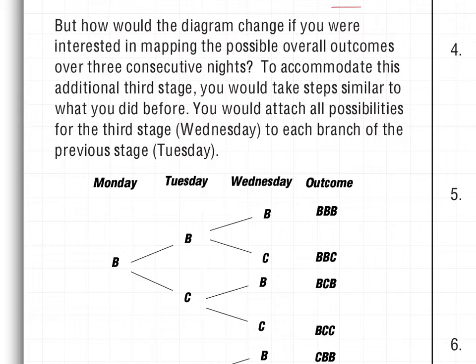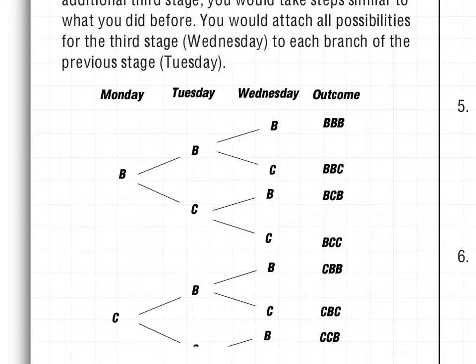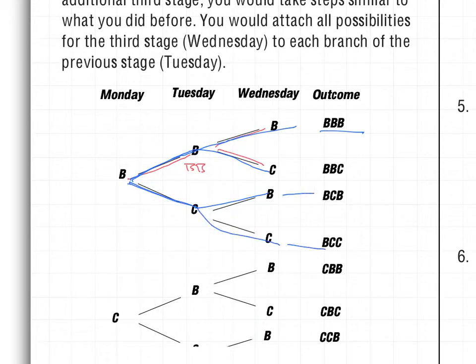So now we add another branch after each outcome. Once we get here, BB, this was our BB outcome. From our BB outcome, the next night we can get either a B or a C. So following the trail, B, B, B. And then this outcome, B, B, C. Following all the outcomes, B, C, B, B, C, C. Each of these end paths is going to have its own specific coding for the outcome.